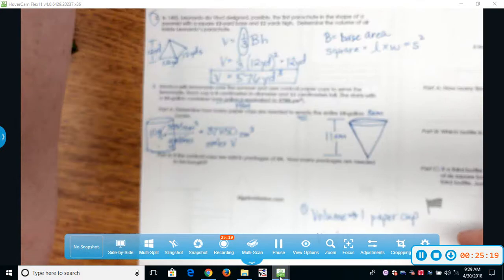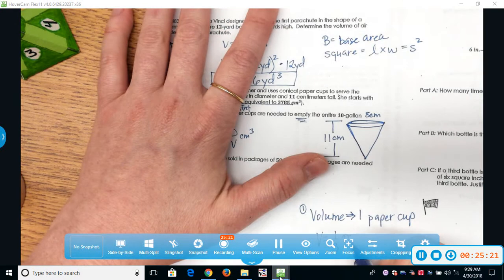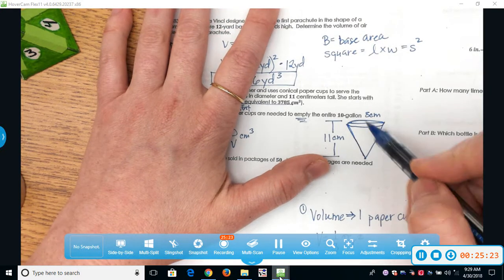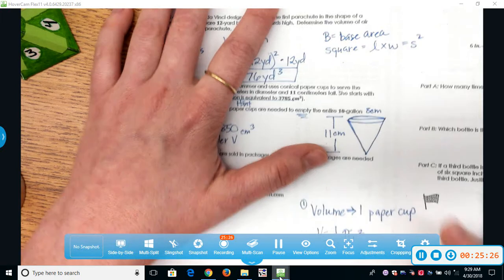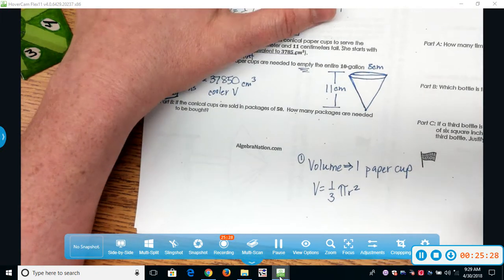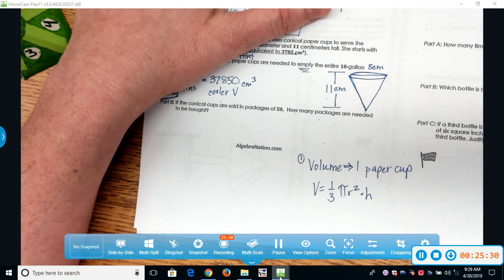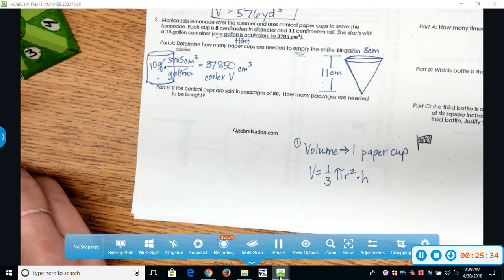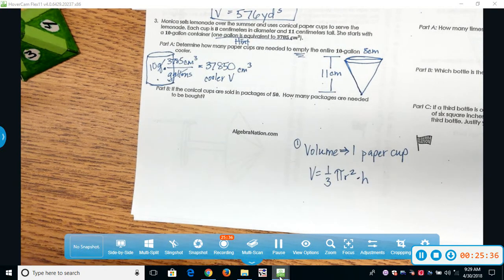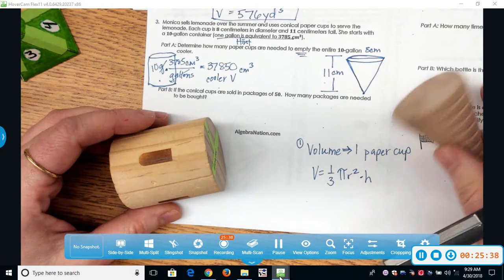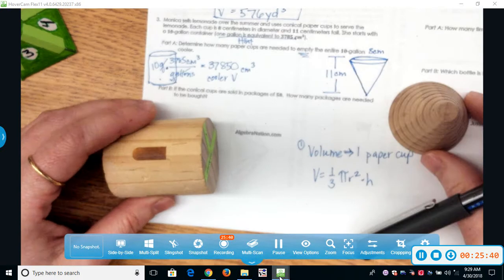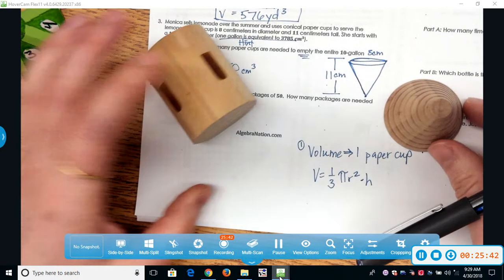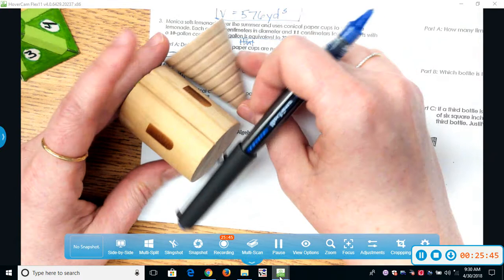Pi, because there's a circle. The base is a circle, so that's where the pi r squared comes from. And then you have a height. So basically, it's like a cylinder, but it gets skinnier, so that's why you do the 1/3. Same as a cylinder, but you do the 1/3 because it gets skinnier.